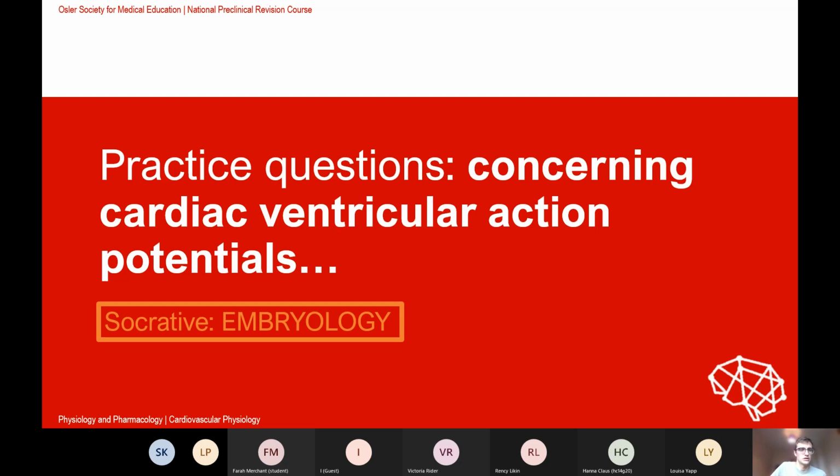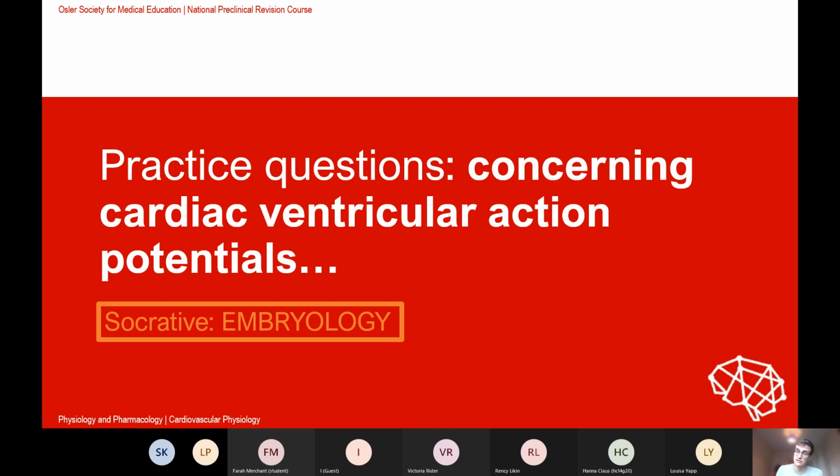What's the next question? Voltage-gated potassium channels, can you remember what they're blocked by? I realise this is harsh from just flashing them up. Yeah, amiodarone in this case.